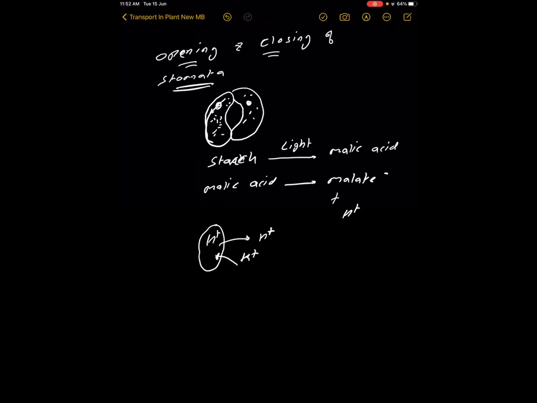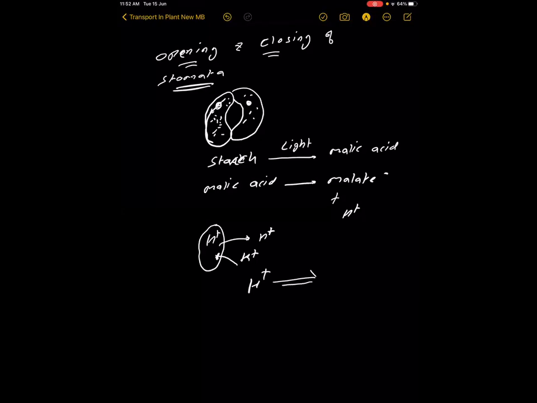To maintain equilibrium, potassium ions enter the cell because the cell membrane is permeable to potassium ions. This complete process is called potassium ion exchange. Is it clear?